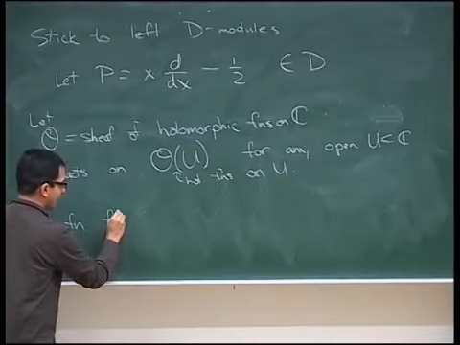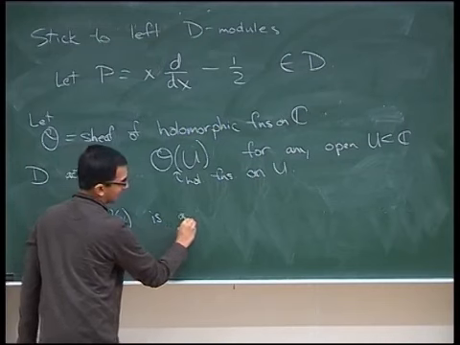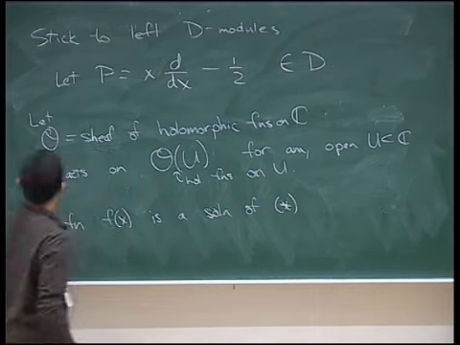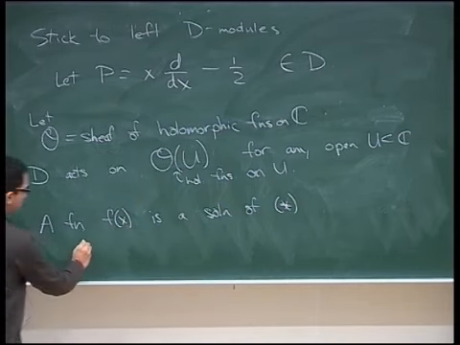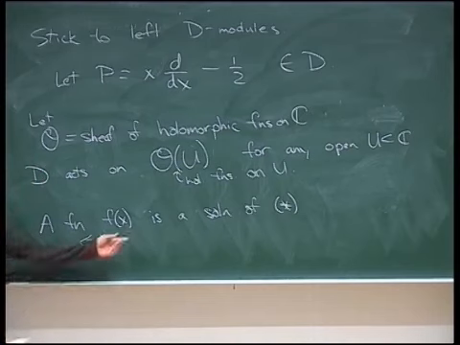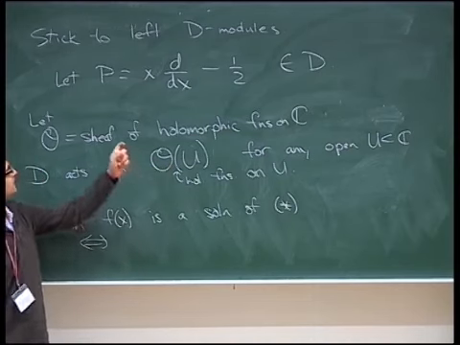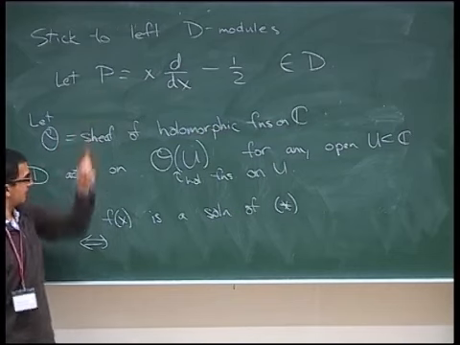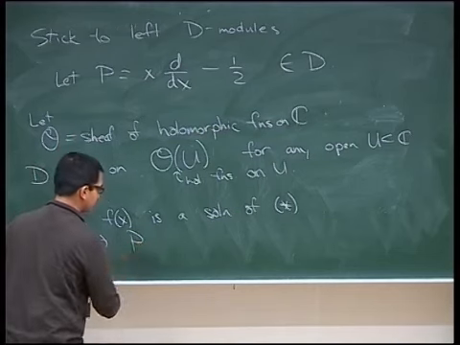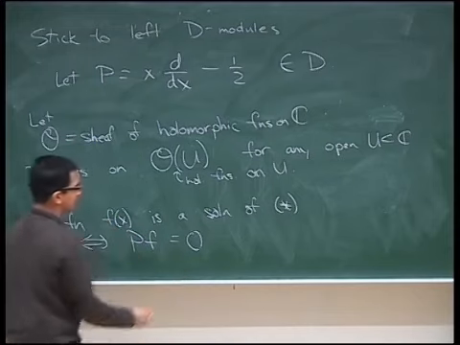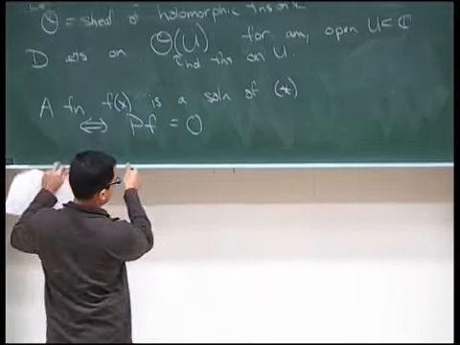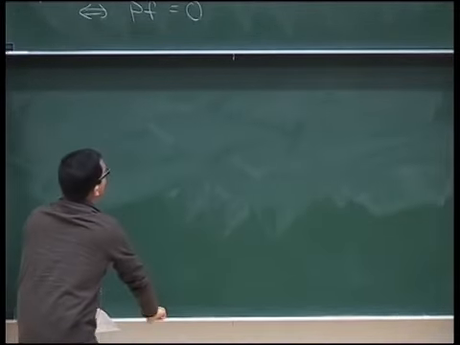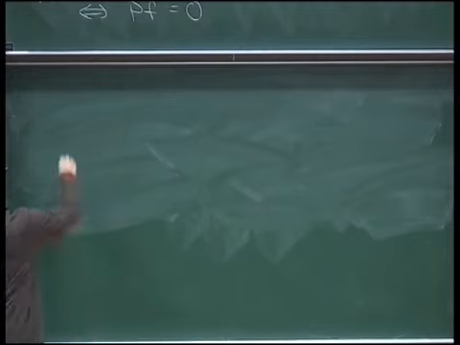So a function f of x is a solution of that differential equation if and only if f of x is an element of one of these spaces, and this ring acts on it, and in particular, this element kills f of x. So if and only if Pf equals 0. Okay, so here's another way to say this.